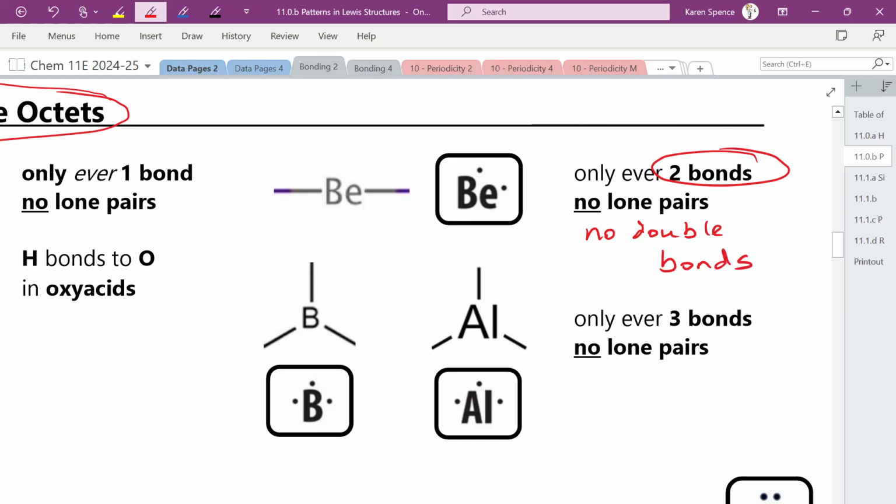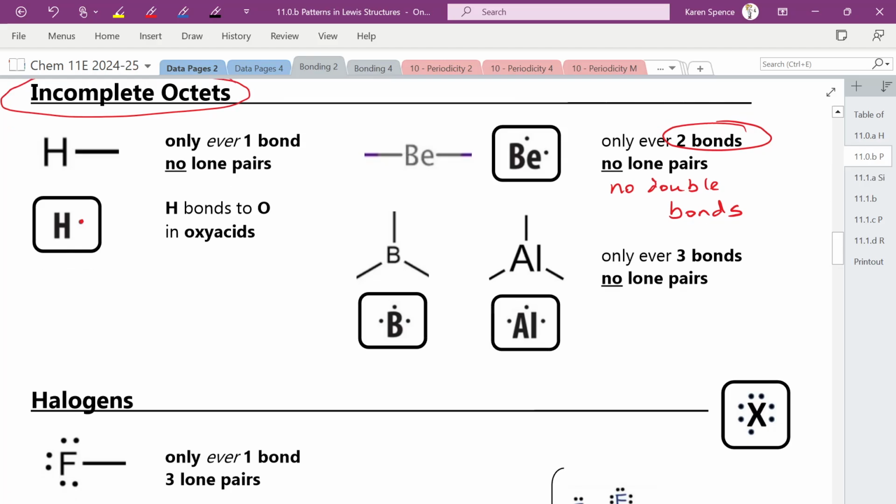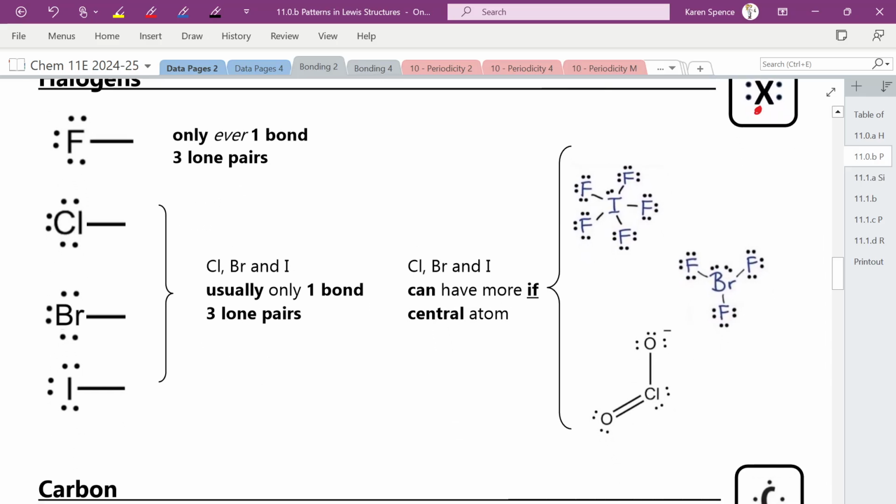Boron and aluminum, only ever 3 bonds. Okay. Halogens. We've only got the one unpaired electron, so they only usually make one bond. You can see here on the side, we have some of our row 3 and below.